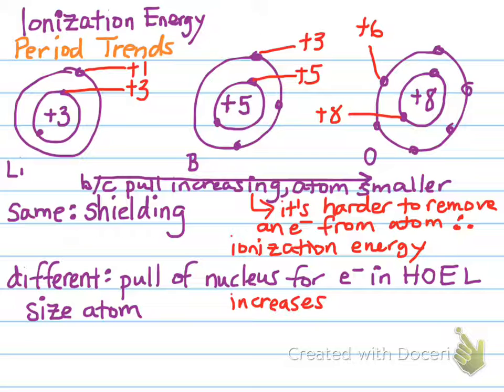So again, our trend here is an increase in our ionization energy. It's getting harder and harder to pull an electron off of these atoms because we have an increase in our pull from the nucleus, which means it's going to be harder to remove an electron.